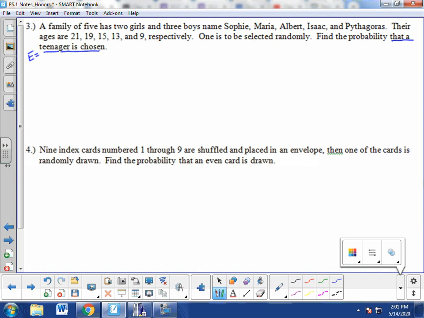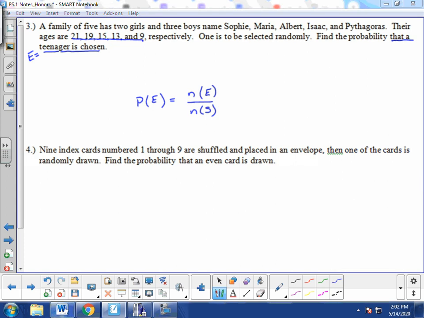In order to find the probability, again, the probability of the event comes from the number of elements in the event divided by the number of elements in the sample space. In this case, it didn't tell us that we had to define the sample space, but if we wanted to, the sample space would be these numbers: 21, 19, 15, 13, and 9.